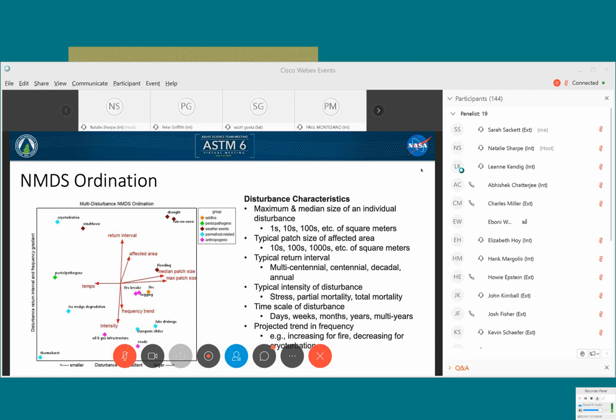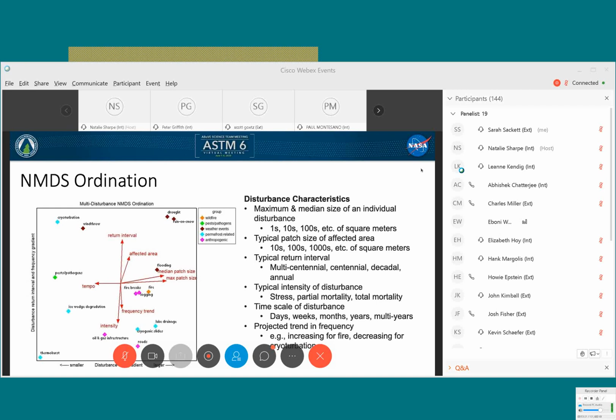Intensity increases going down, and return interval increases going up. We can see that the disturbances we're studying span the ranges of all of these different metrics. So it's going to be a really interesting review to compile and look at how all of these different disturbances impact vegetation dynamics differently.